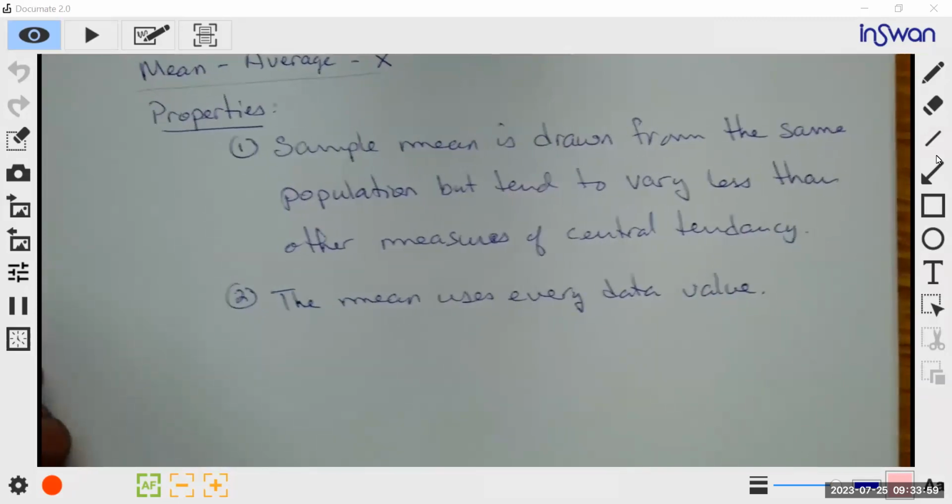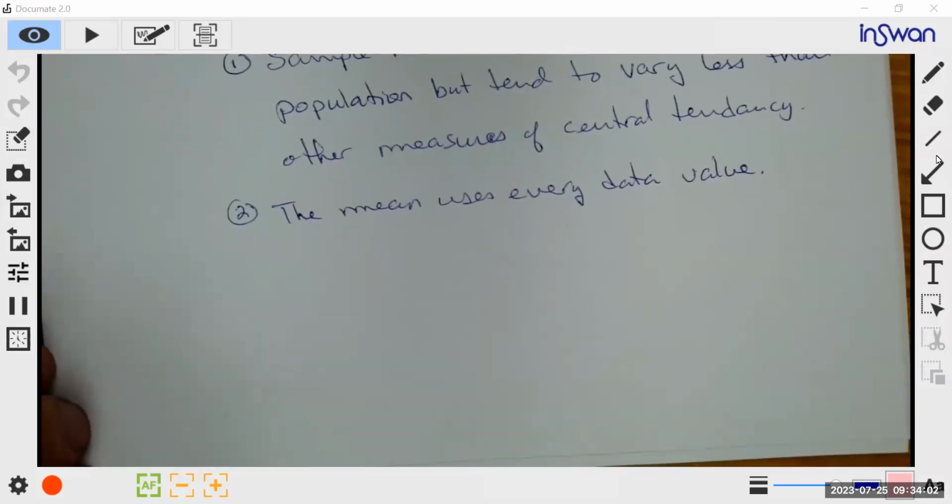When you calculate the mean, you use every data value you have in your data set.